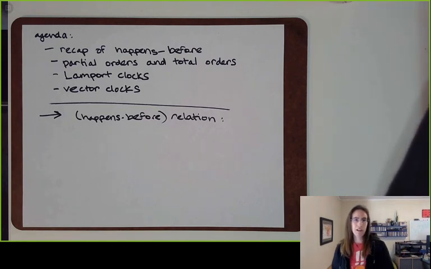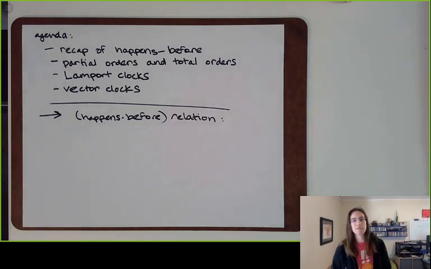You can either shout it out or type something into Zulip. When do you know that two events are related by happens before?